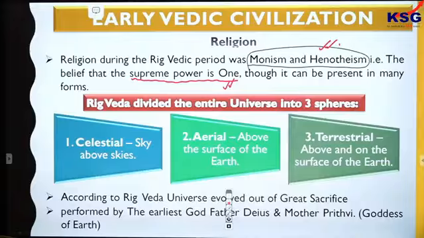The entire Rig Veda is divided into three spheres: celestial, above the sky; aerial, in between the sky and the surface of the earth; and terrestrial, on the surface of the earth.